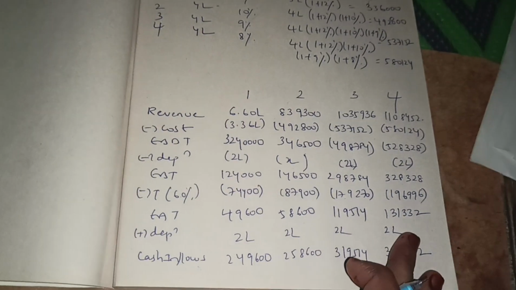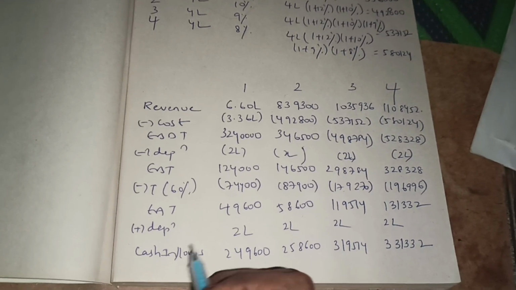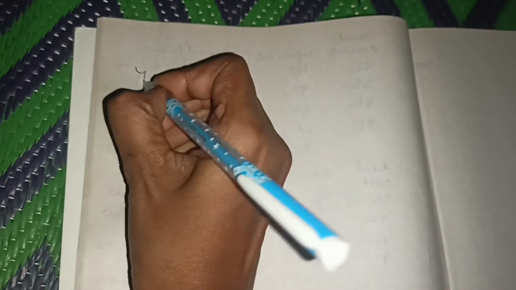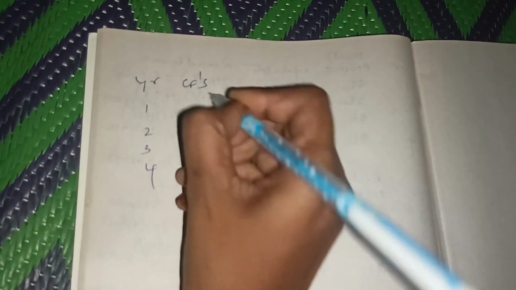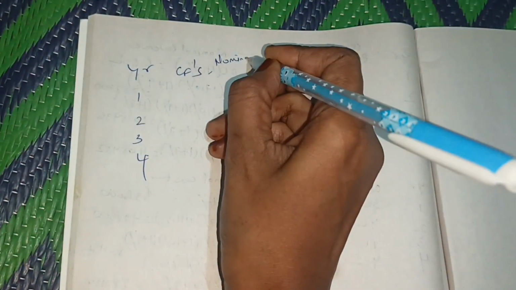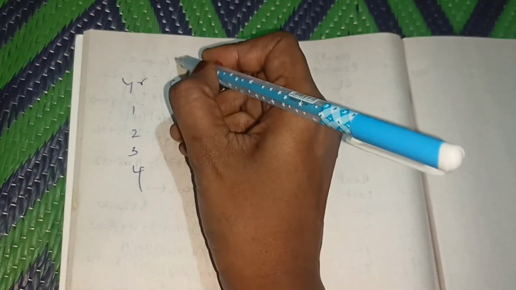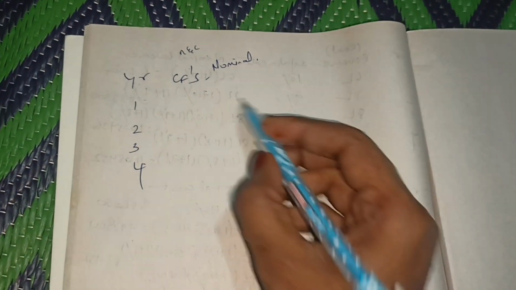Now, since we got cash inflows, we will be finding out present value of cash inflows. Here is given as 1, 2, 3, 4 cash flows. Are these cash flows real or nominal? Nominal cash flows, because while calculating revenue and cost, I have included inflation.